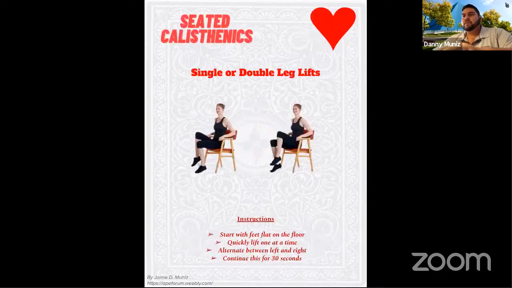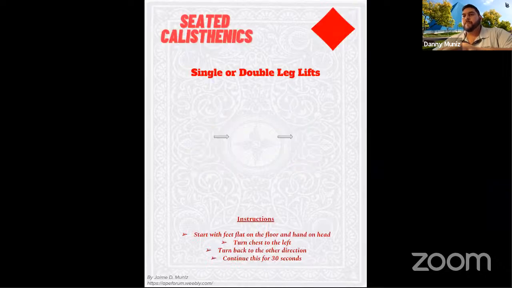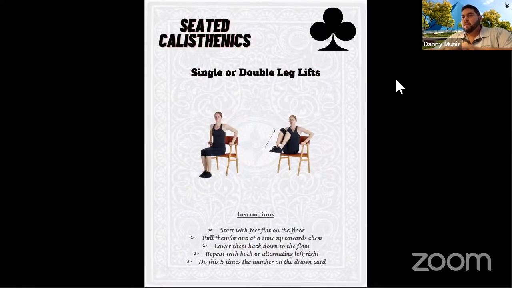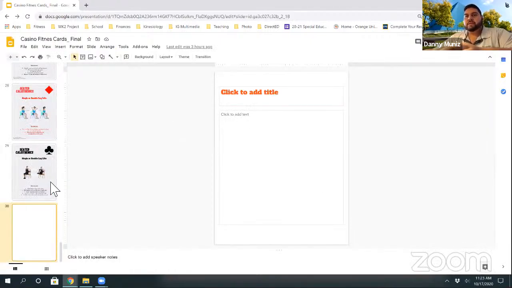And then also seated calisthenics for the students that are in wheelchairs, just like so. And then what I will do is exit here, and we'll start off on a blank canvas.